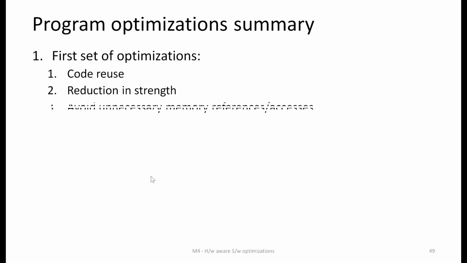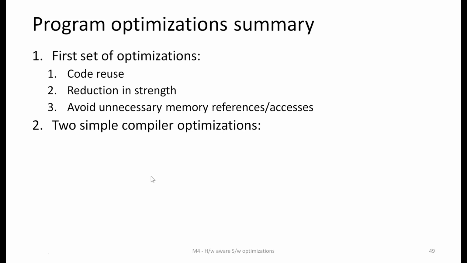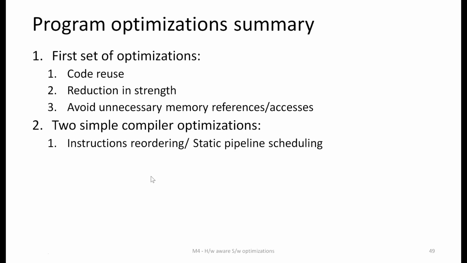Overall, the summary of this module is, first we have looked at small optimizations like code reuse, reduction in strength, and studying the code to avoid any unnecessary memory references or accesses. In the second lecture, we saw two compiler optimizations. One was static pipeline scheduling, wherein the compiler was identifying the data dependencies and control dependencies and creating enough distance between the producer and consumer by inserting safe instructions into them such that the stalls in the pipeline would reduce.